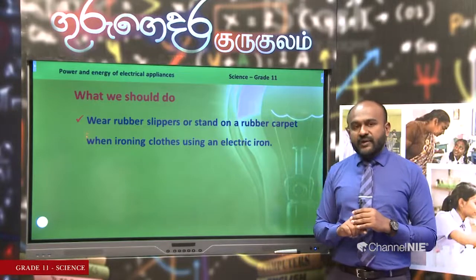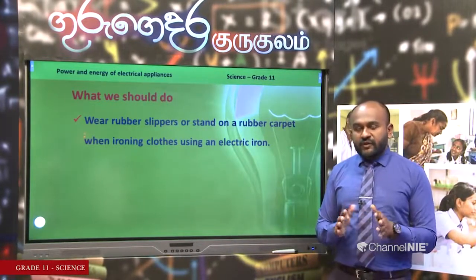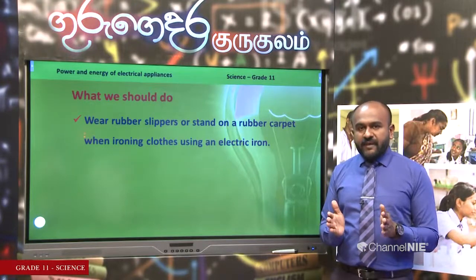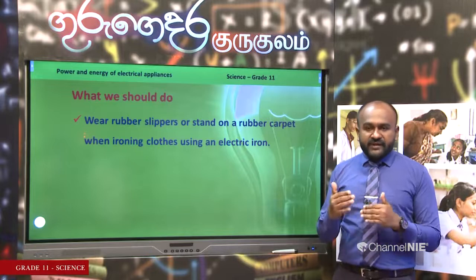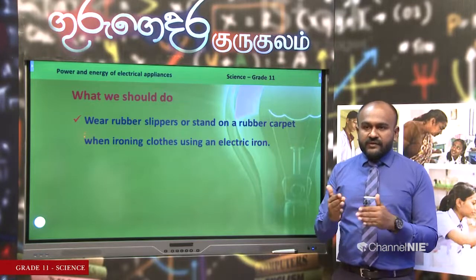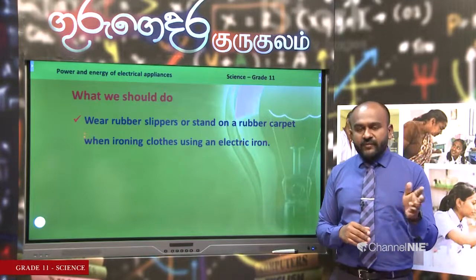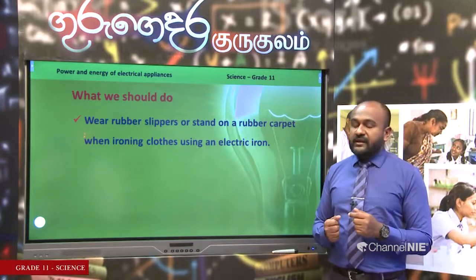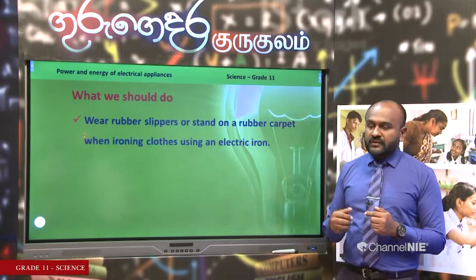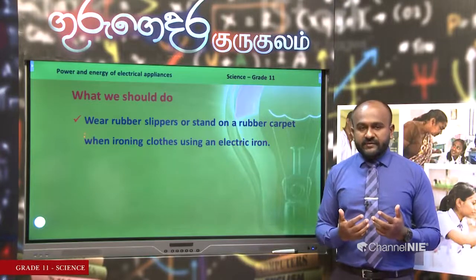I think your parents also advise you to do this, because when we are in bare feet, we make a circuit with the ground. If you are wearing slippers, then we are not making a continuous circuit for the current flow with the ground. That is why we need to wear rubber slippers when using an electric iron, or stand on a rubber carpet.